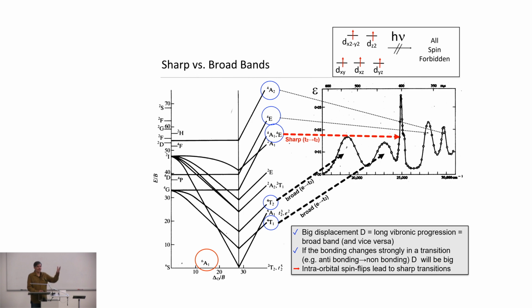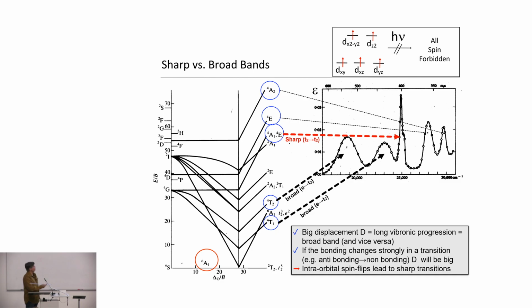So you take an anti-bonding interaction away, and that means that the complex will contract in the excited state. And that gives you a dimensionless displacement, and that gives you a progression. And that progression is broadening the band. Yeah? That's what you see here.